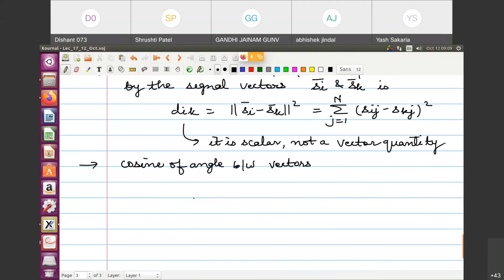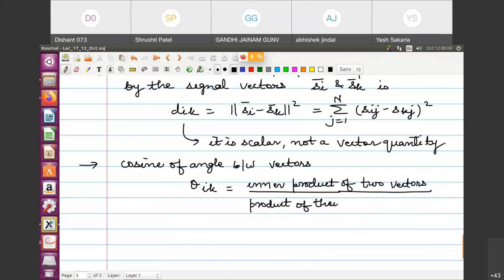I think we have already gone through it. Theta ik is equal to the inner product of two vectors divided by the product of their individual norms.